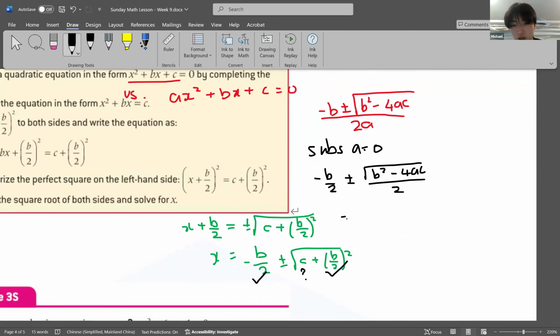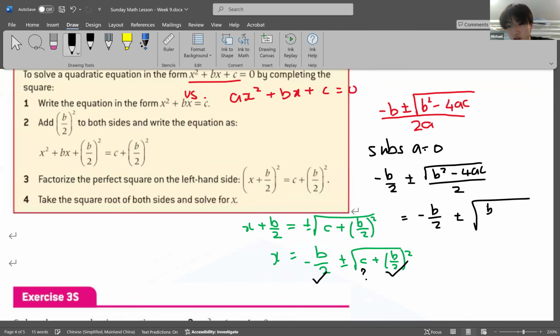Okay, so now if we try to expand this, the first term is the same. And the second term, you divide it by 4, right? If we bring it into the square root, yes? b squared over 4, b squared minus 4ac over 4, right?